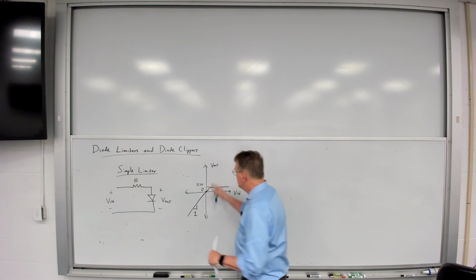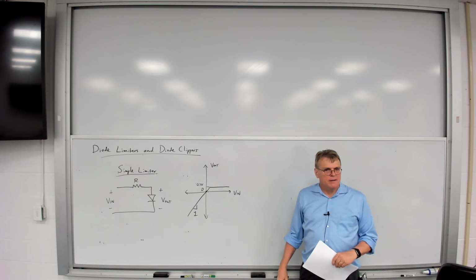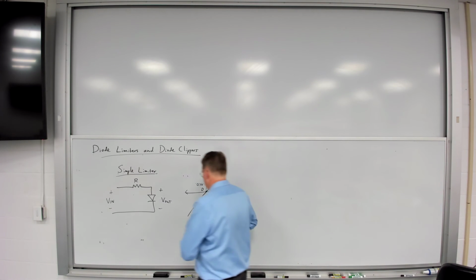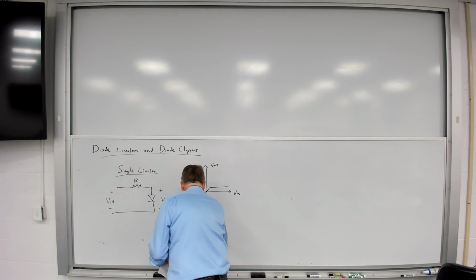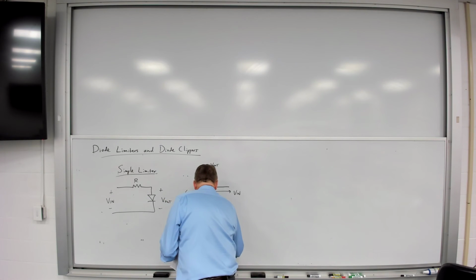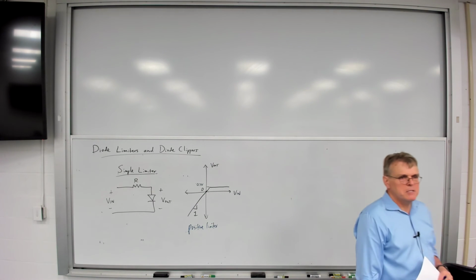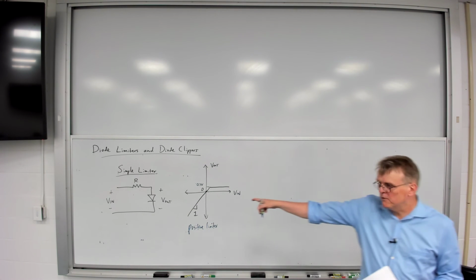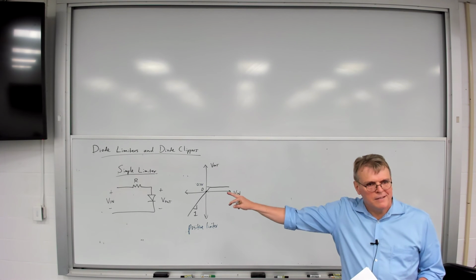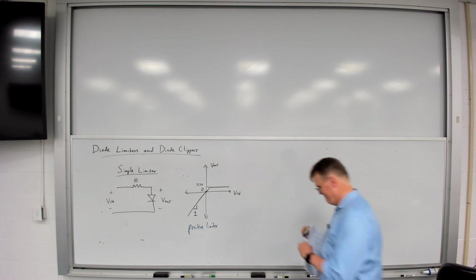Now, this is a positive limiter. Could I also make a negative limiter using the same concept? Yeah. What would I need to do to make a negative limiter? Flip the diode around, right?